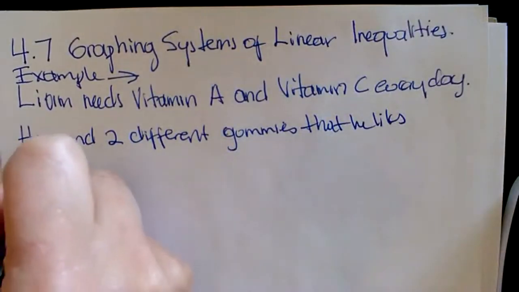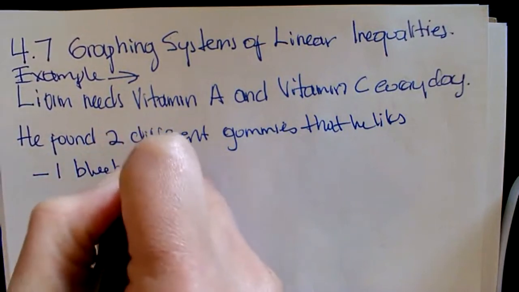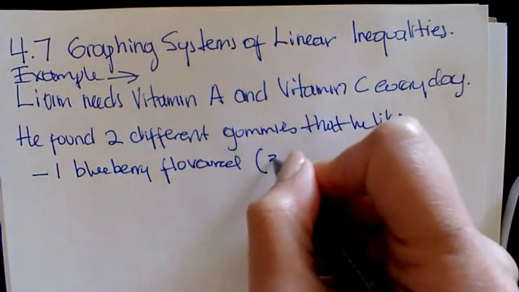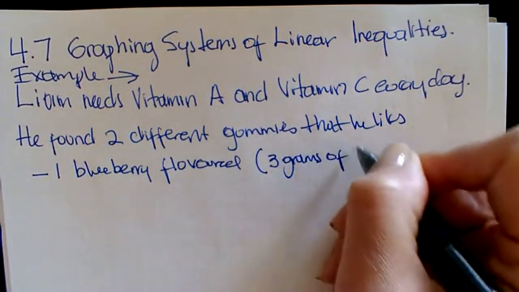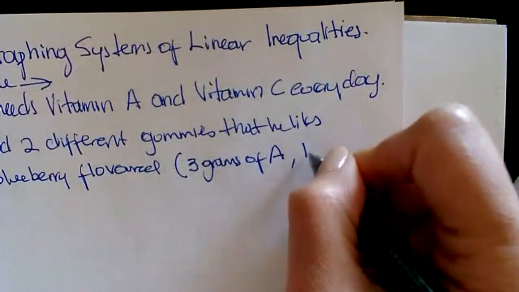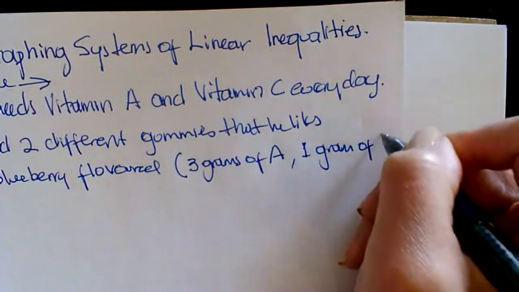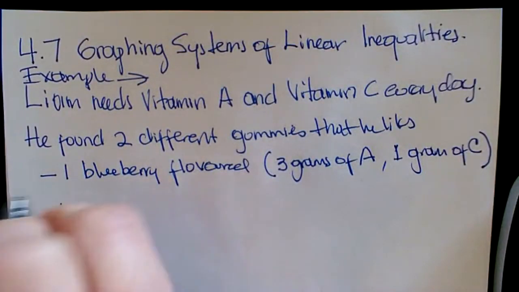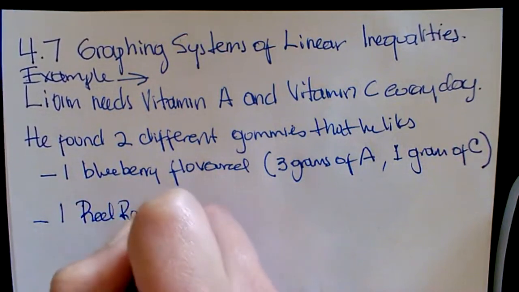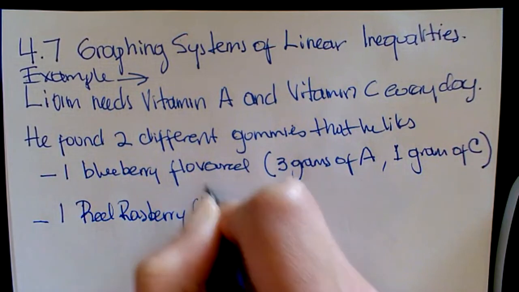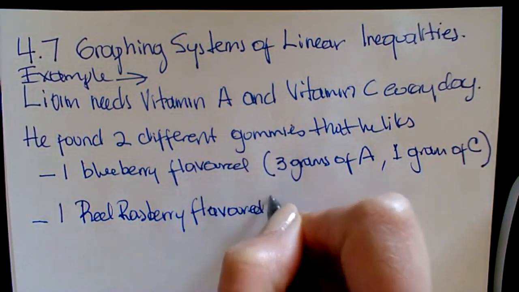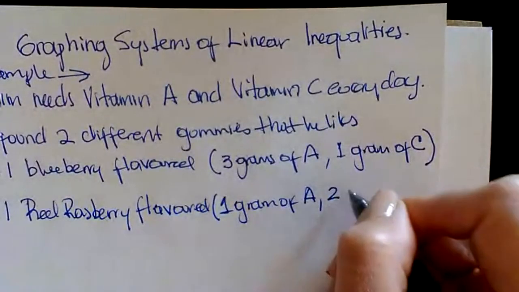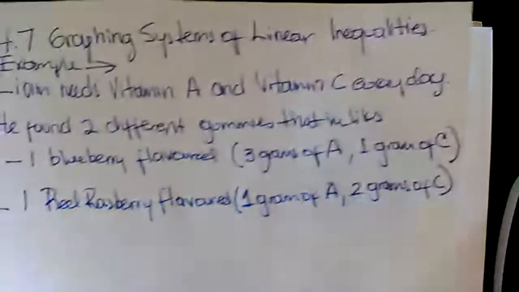One of them is the blueberry flavored, and this one has 3 grams of vitamin A and 1 gram of vitamin C. And he found another one that is red raspberry flavor, and this one has 1 gram of vitamin A and 2 grams of vitamin C.